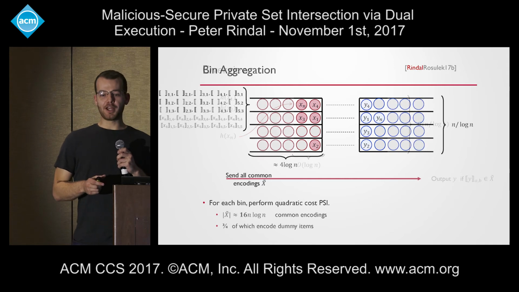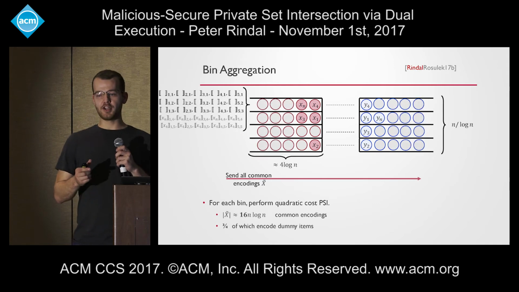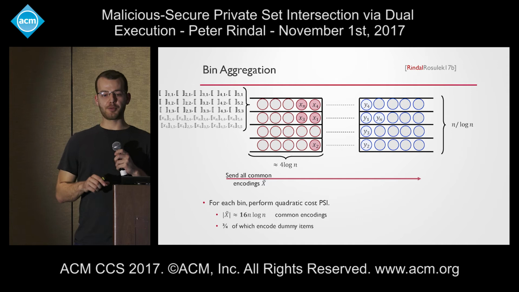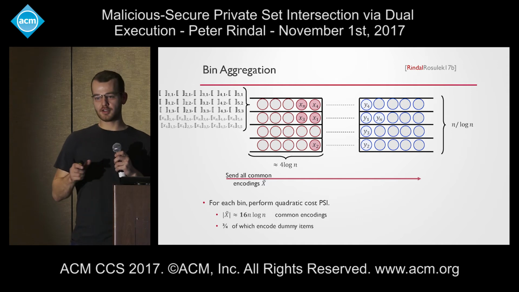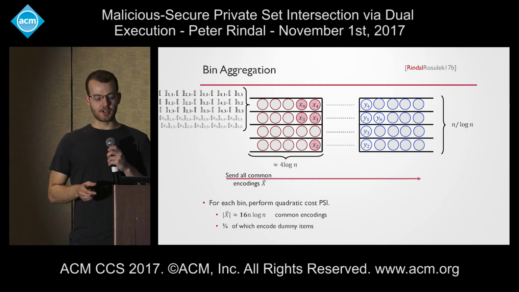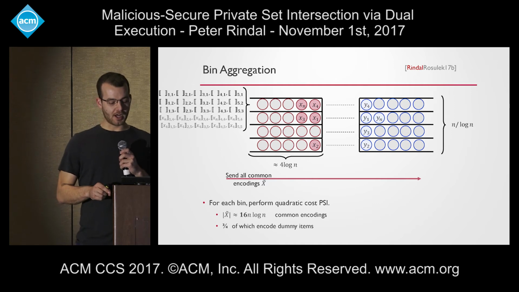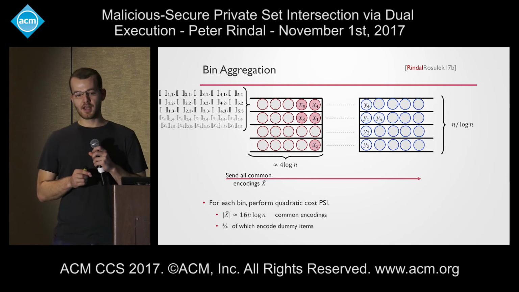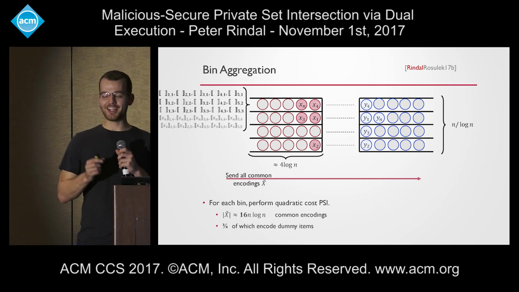And when you actually implement this, we need to ensure that the concrete parameters of the bin sizes get us a high amount of confidence that no bin will overflow. And it turns out that roughly four log n items per bin is how many dummy slots we need to have at least.